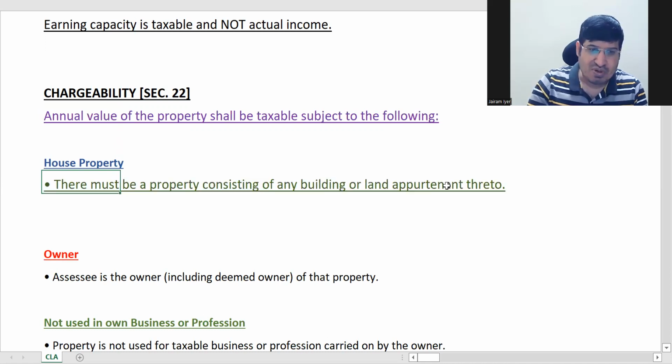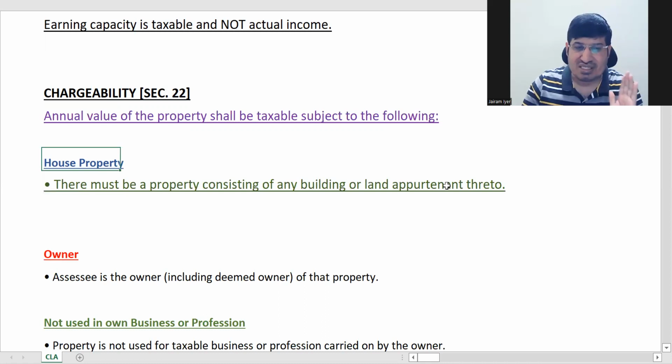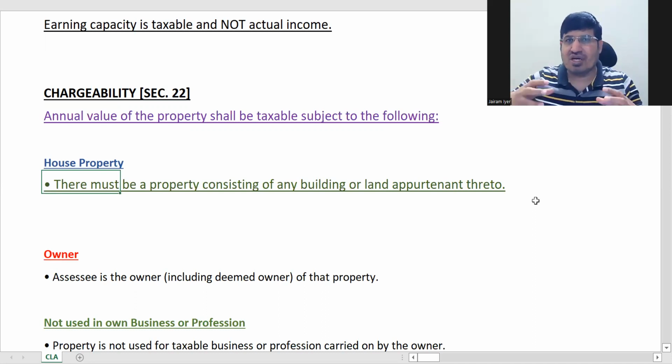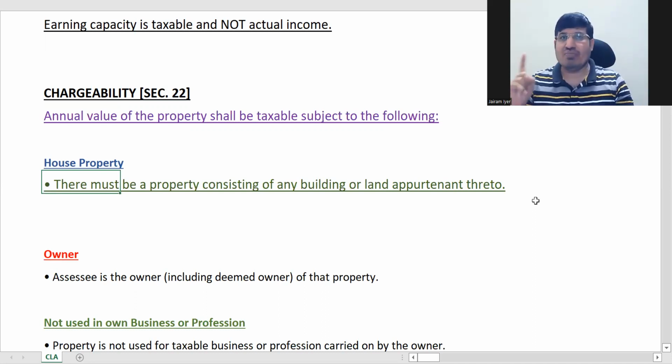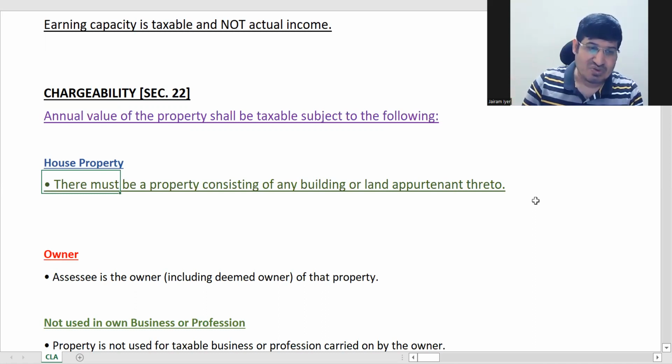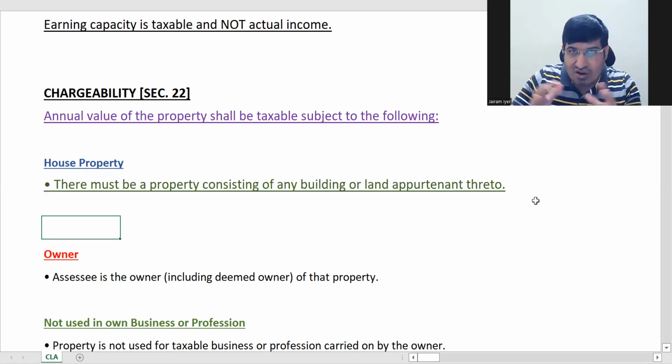What will be there in house property? Building or land appurtenant thereto. First thing is there must be a house property, which means building or land appurtenant thereto. Land appurtenant thereto is adjacent land along with your house. It's not an independent plot.